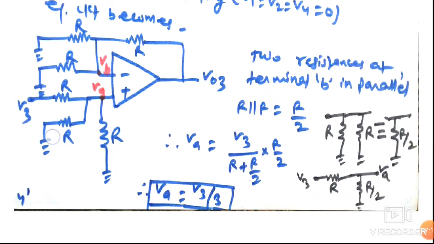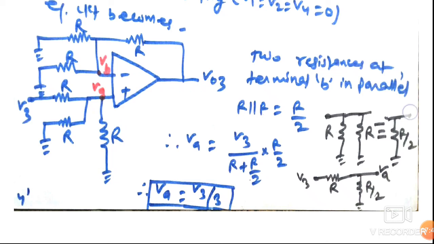So this terminal is grounded, this terminal is also grounded. Essentially this resistor and this resistor are in parallel, because one terminal is at the same potential and the other terminals are also at the same potential. So these two resistances are in parallel, and the equivalent resistance of these two resistors is R upon 2.